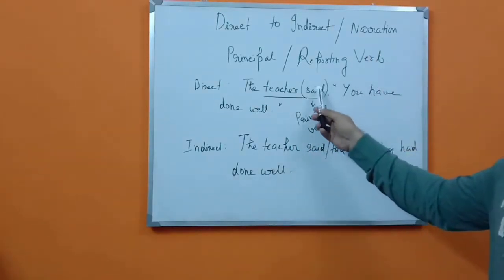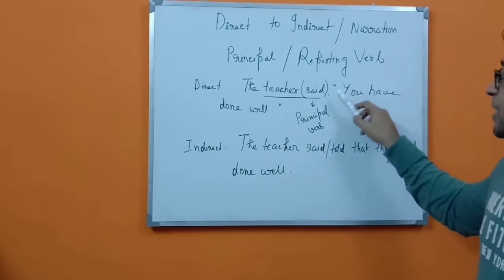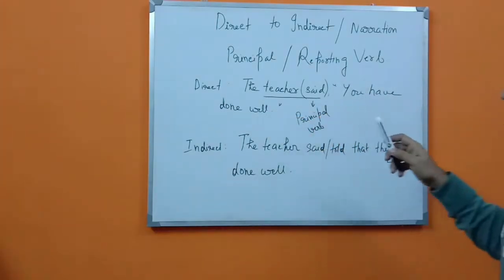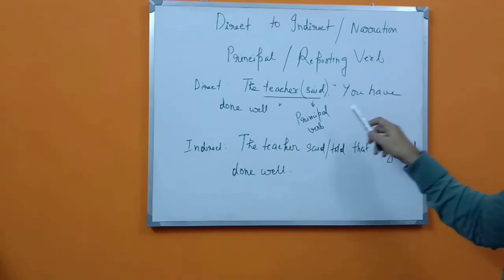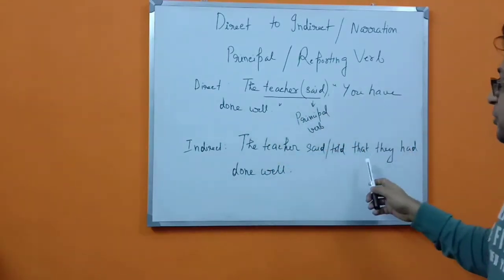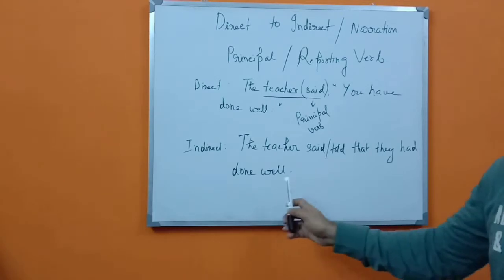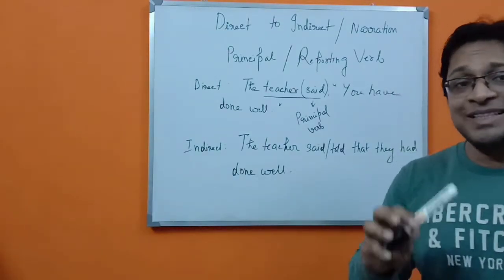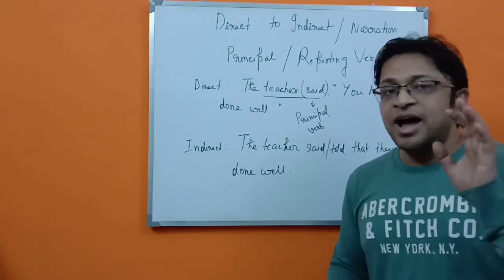As it is past tense, the sentence within the inverted comma, which you are seeing on this board, is present perfect tense, so it has transformed into past perfect tense. This is the basic fact. Now, what are the changes related to this? I am going to show you.